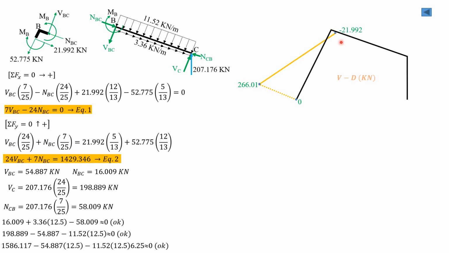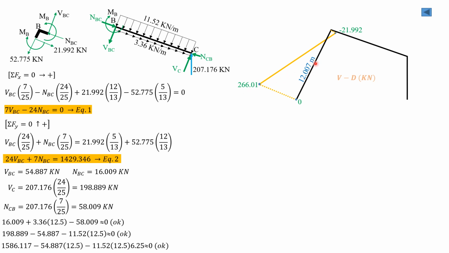So that would be negative 21.992, which is this. So it closes there. Then this distance is solved by similar triangles, or the direct way is 266.01, this shear here, divided by the normal load in AB. Then it will give us a value of 12.007.